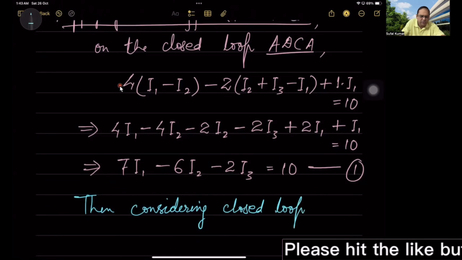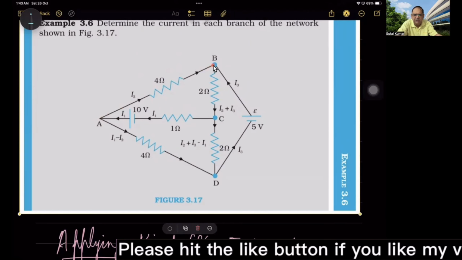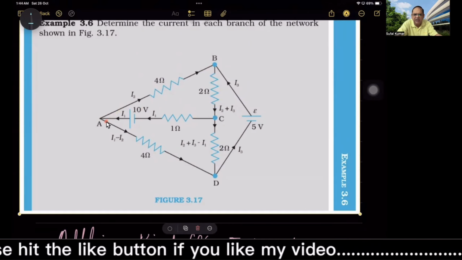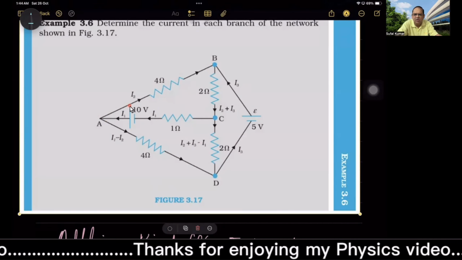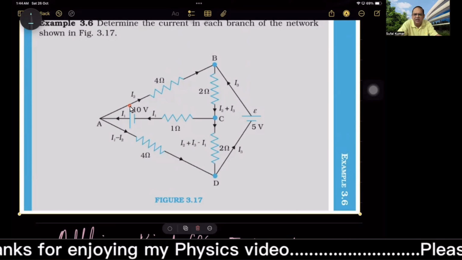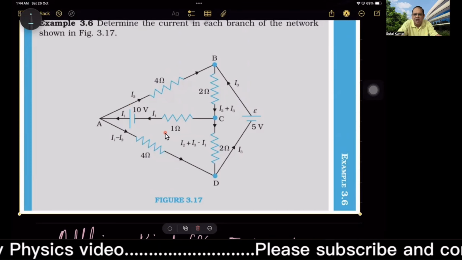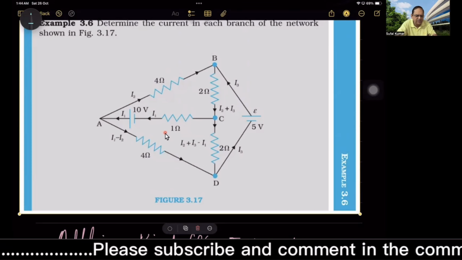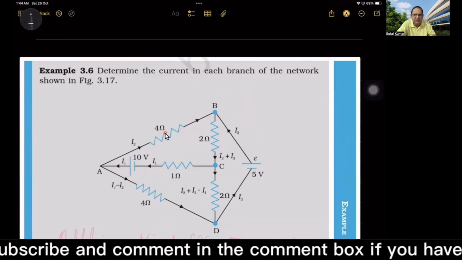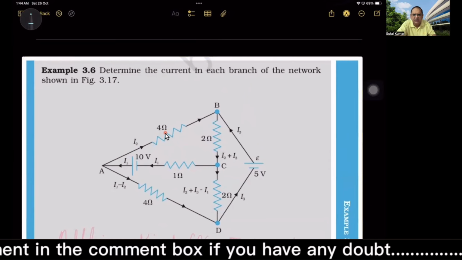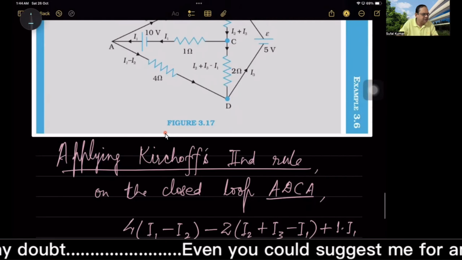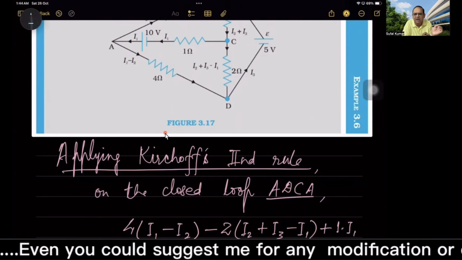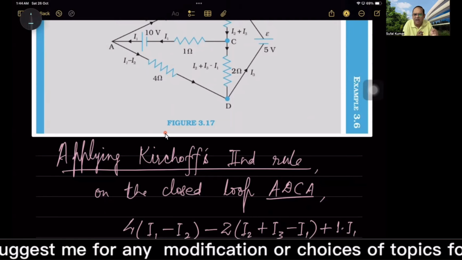Considering the next closed loop, A, B, C, A. Now how many unknown variables are there? I1, I2 and I3. And what is to be found? Determine the current in each branch of the network. For this purpose, we need to find I1, I2 and I3 first.